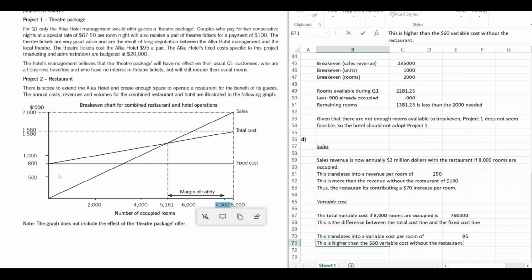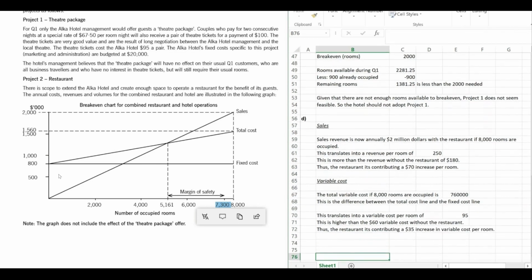So effectively that means, thus the restaurant is contributing a $35 increase in variable cost per room. Okay, so the contribution is effectively $35 per room from the restaurant.